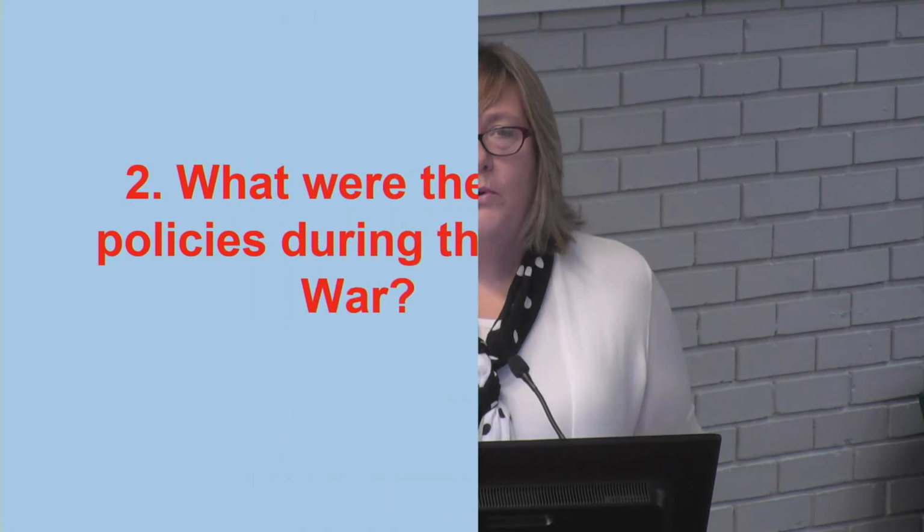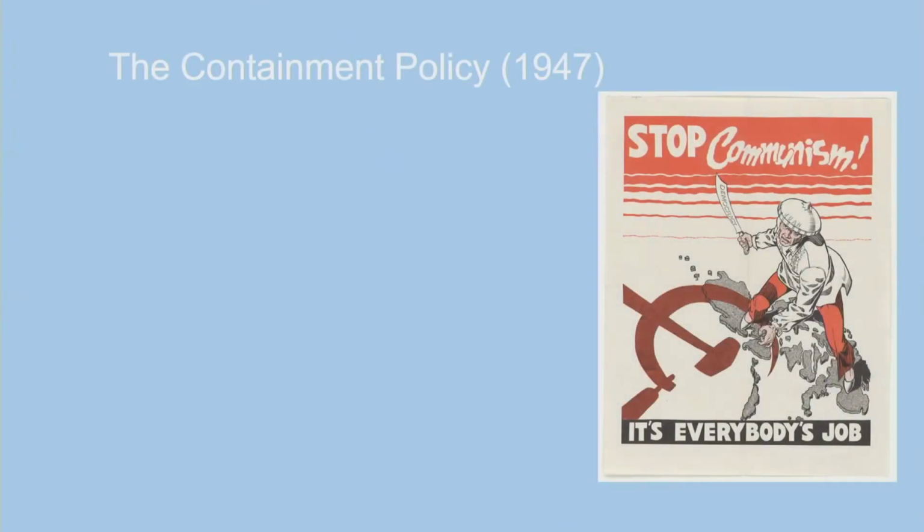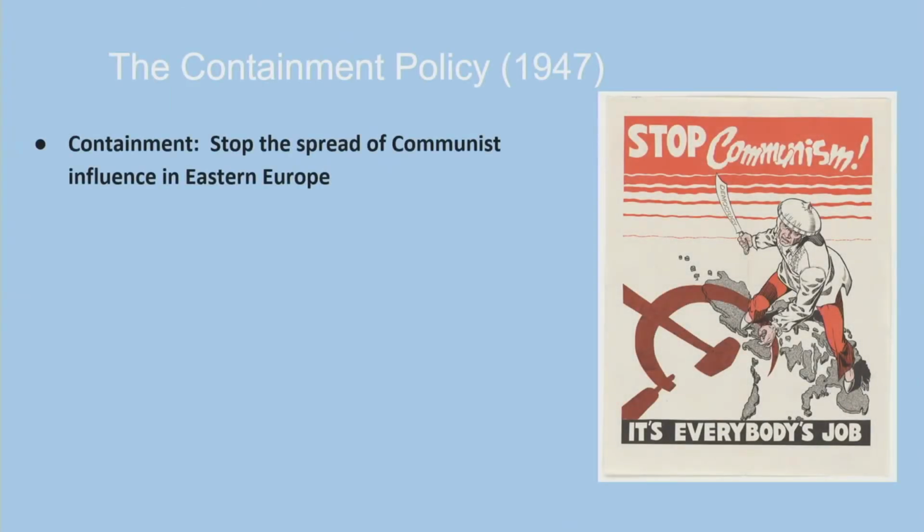So, what were the U.S. policies actually during the Cold War? And we alluded to these earlier, President Truman's policy of containment, and the three prongs of that we're going to discuss now. All right, the containment policy was this, all right?